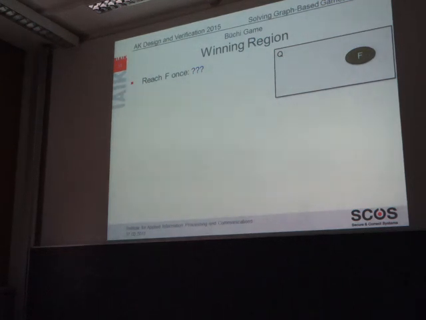We start by computing the set of states from which we can reach the set of states F once. How can we do this with an algorithm? Right. We have already discussed reachability games, and the goal was exactly to reach a certain set of states once. So we can just reuse the solution that we had for reachability games.